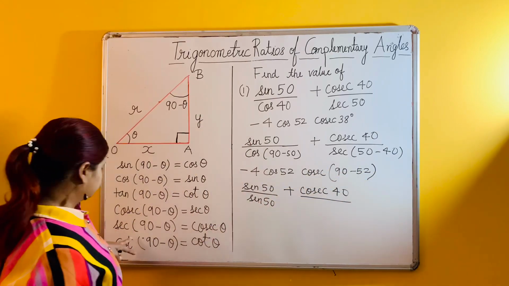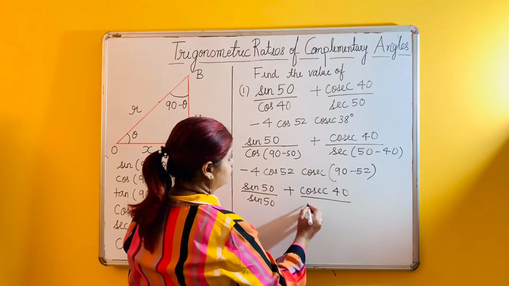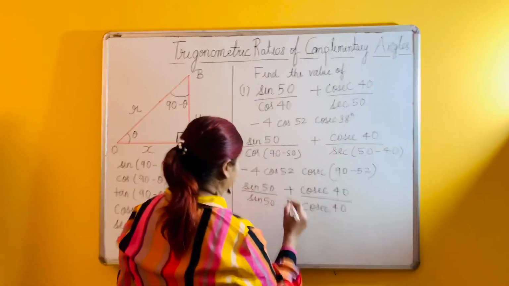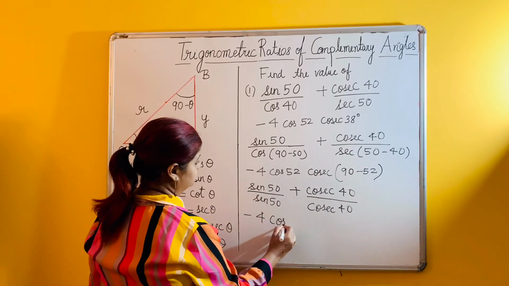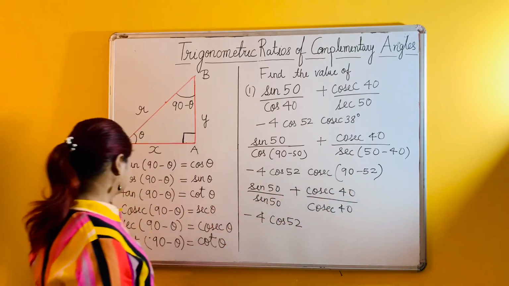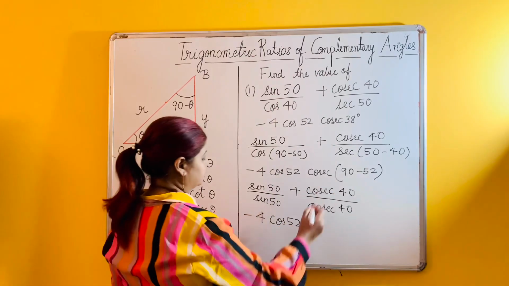So here if you see sec 90 minus theta is cosec theta. So it is cosec 40. Now here again minus 4 cos 52, and then cosec 90 minus theta. If you see here cosec 90 minus theta is sec theta. So here it is sec 52.